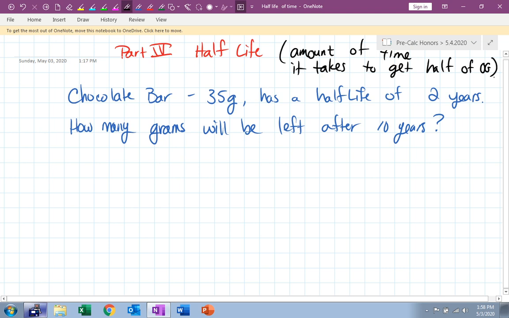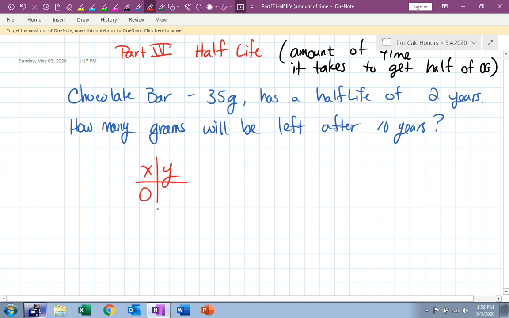So we have a 35-gram chocolate bar. We're just going to say, perchance, the half-life of it, if you left it alone, is 2 years. So after 2 years, it's half the size it used to be. How many grams will be left after 10 years? The way you want to think about these is just like the first ones.